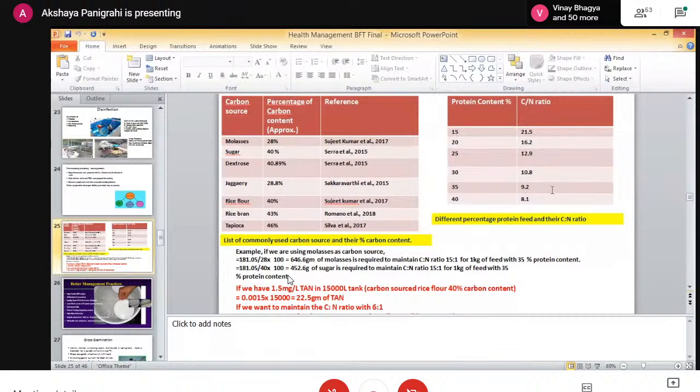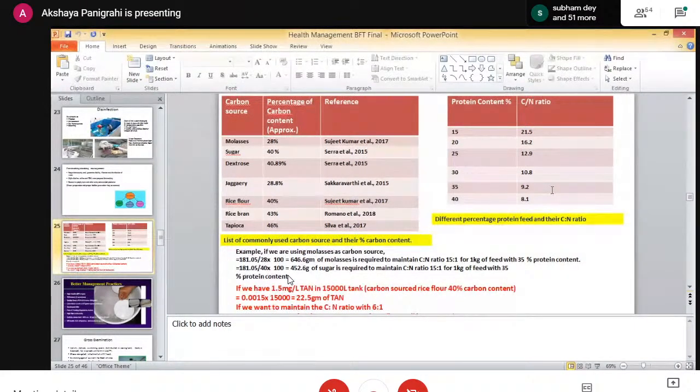Once the biofloc is developed, how do you go about the addition of carbohydrate? Very simply, 1 ppm of total ammonia nitrogen needs almost 20 ppm of carbohydrate. So for every gram of total ammonia nitrogen you have to add 20 grams of carbohydrate, and you can calculate how many ppm of TAN is there.